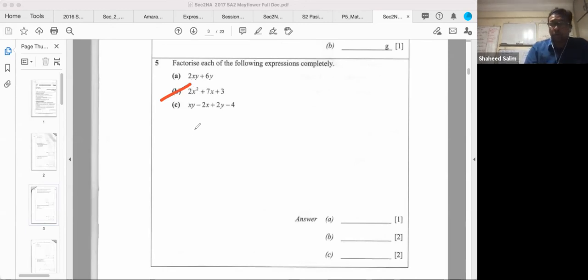This one, I think you need to do crisscross. Most probably you need to do crisscross. You know crisscross.